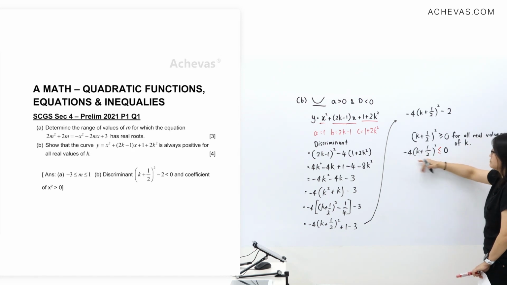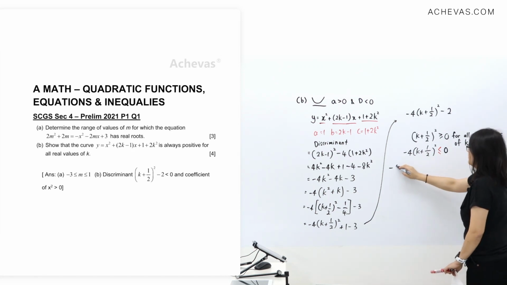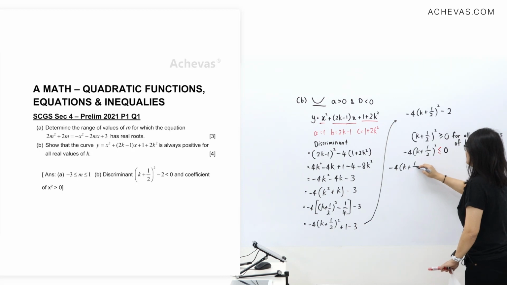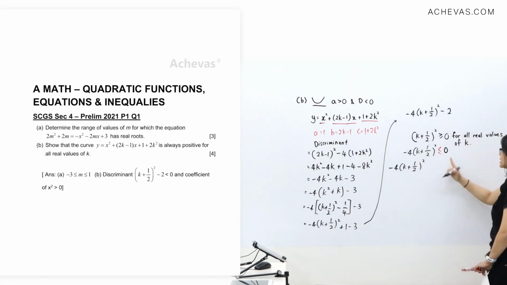So if you have this value, the maximum you can reach is already 0, right? So you're going to minus, you're going to go lower. Which means the inequality sign here will not be 0 anymore, because 0 minus 2 is going to be lower than that. Okay? So notice that this sign has changed.